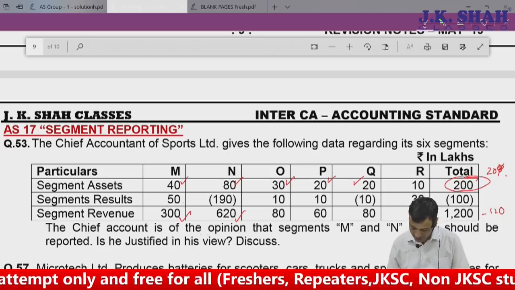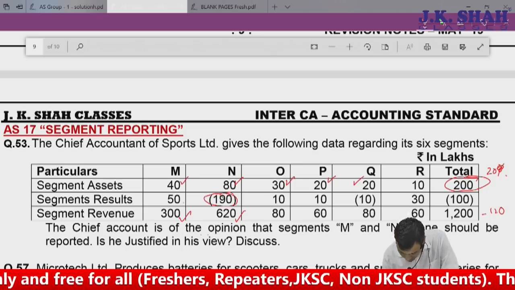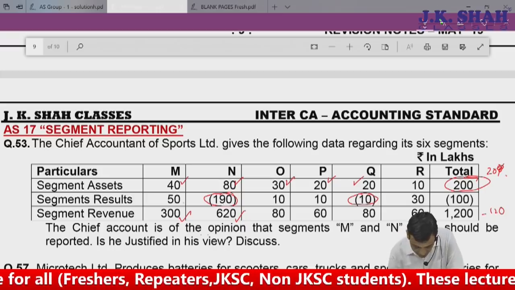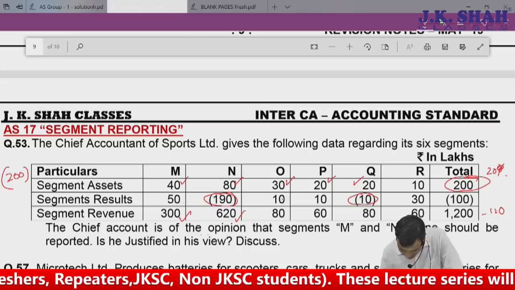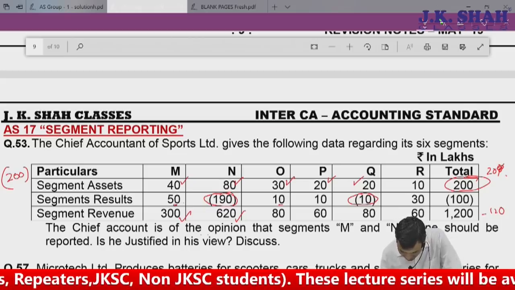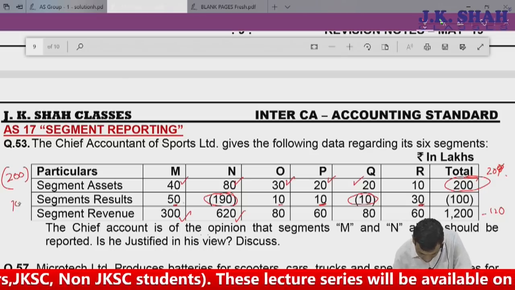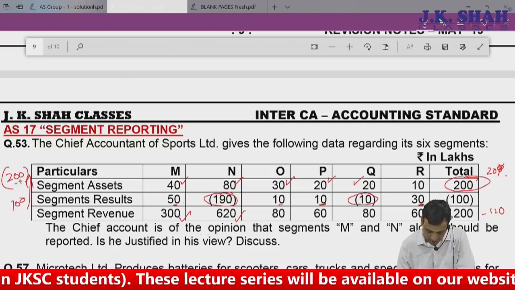Now segment results. When I go with segment results, I should take the segments in losses and the segments in profit separately. So the loss segments are 50 plus 10, 60, plus 70, 70, and 30, giving 200, while profit is 100. Whichever is higher, so obviously 200.